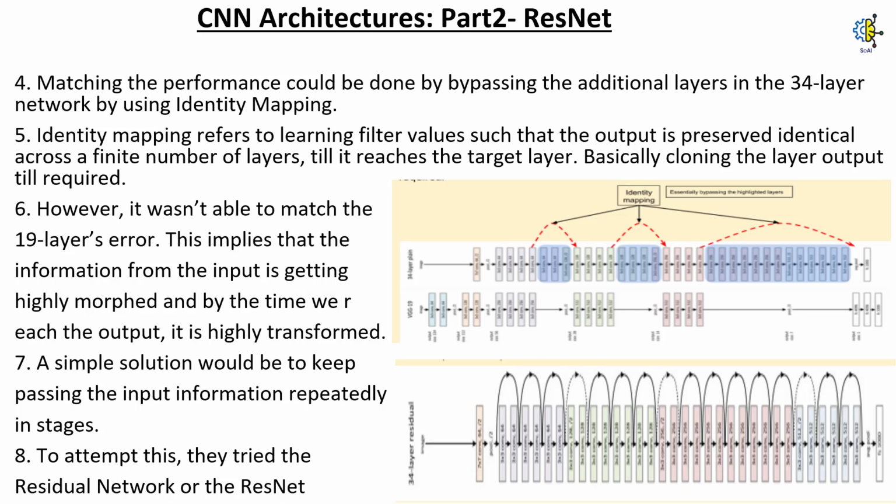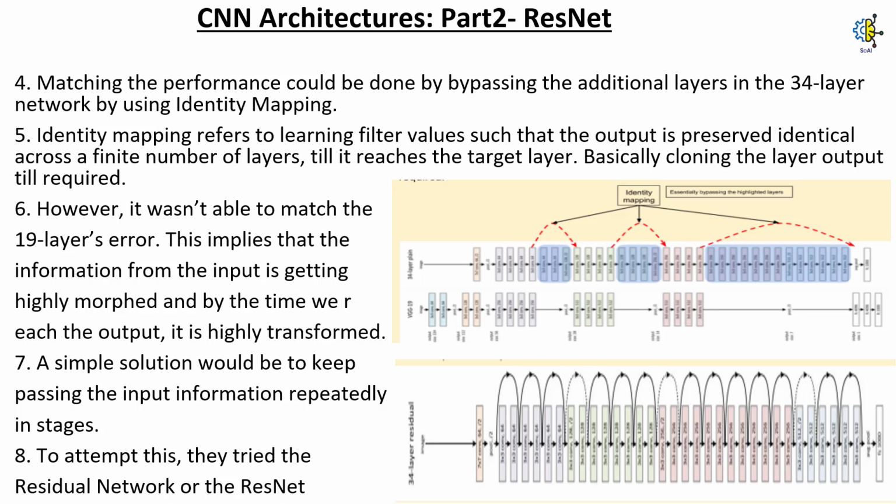Matching the performance could be done by bypassing the additional layers in the 34-layer network by using identity mapping. Identity mapping refers to learning filter values such that the output is preserved identically across a finite number of layers till it reaches the target layer, basically cloning the layer output till required.